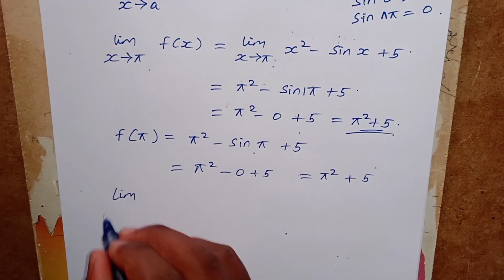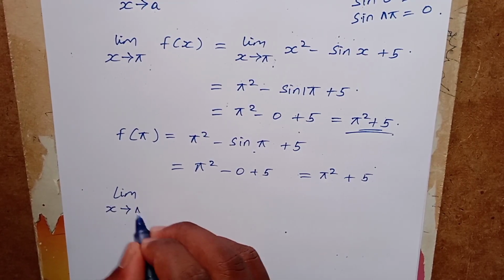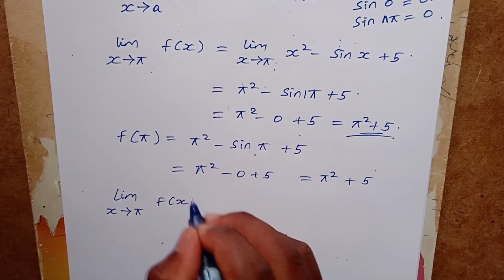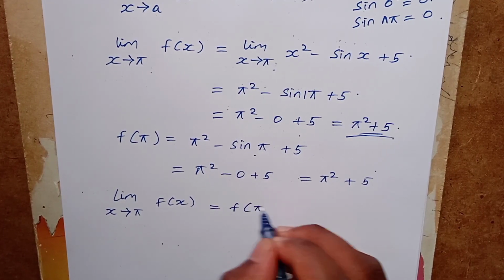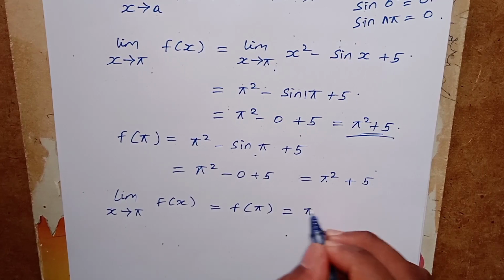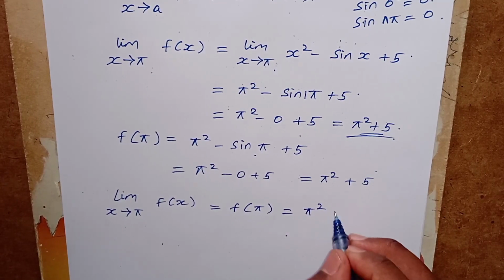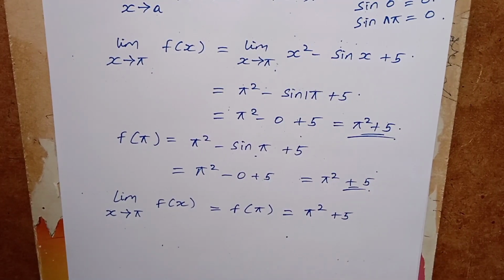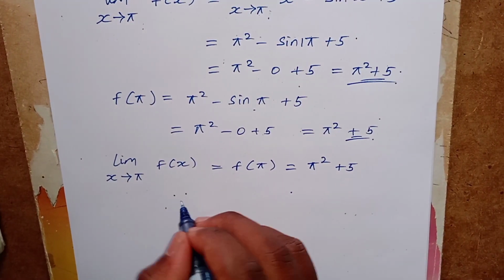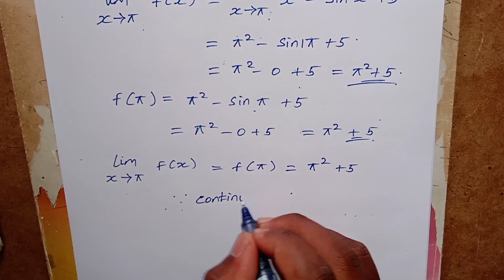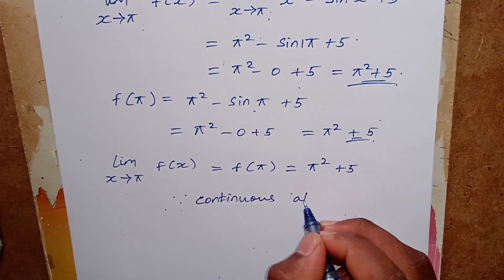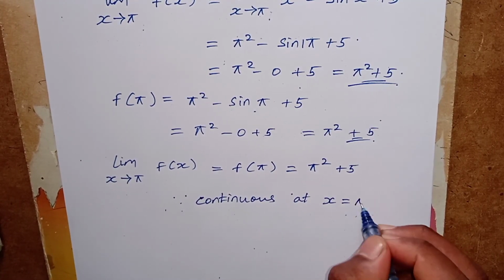Limit x tends to pi of f of x is equal to f of pi, equal to pi squared plus 5. Both are equal. Therefore my function is continuous at x is equal to pi.